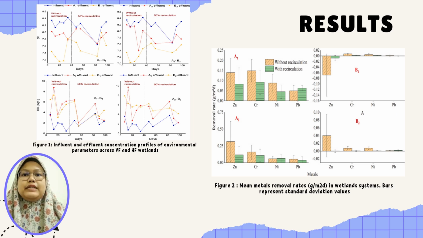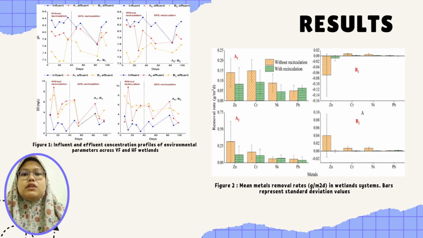Figure 2, the mean removal rate of Zn, Cr, Ni and Pb for the two hybrid systems A1, B1 and A2, B2, both with and without influent recirculation, is displayed in figure 3. The hybrid system vertical flow units A1 and A2 removed metals at a high rate during the no recirculation period as opposed to the recirculation period.